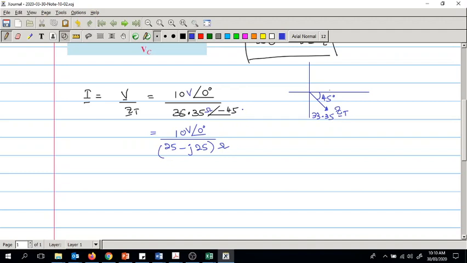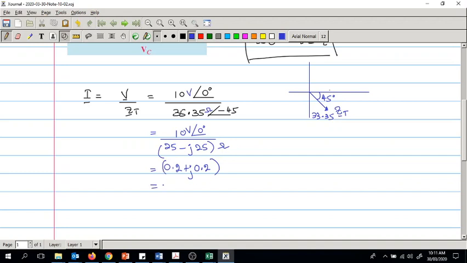Because I don't have that with me, I'll use the calculator to divide 10 by the answer. Right, now I get two answers actually. What I get in Cartesian form is 0.2 plus j0.2, right?